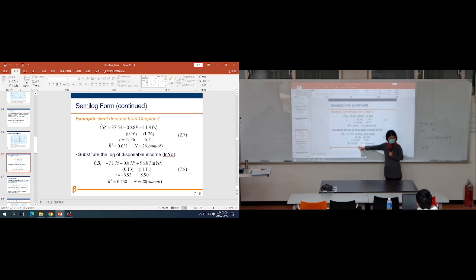Then, if I take the log of the y variable, for example, if I take the log of y in 2.7 and in 7.8, although I really don't have an example here, is there any criterion to use to compare which model is better?